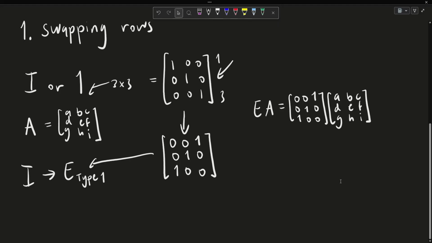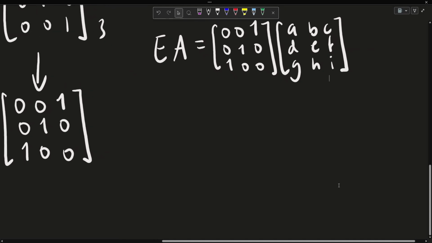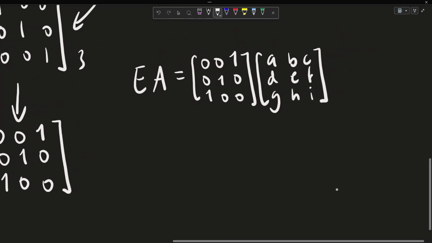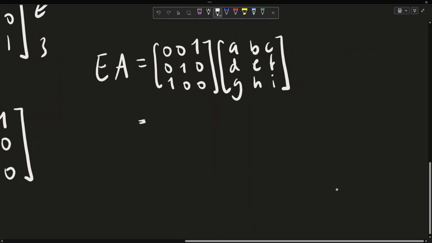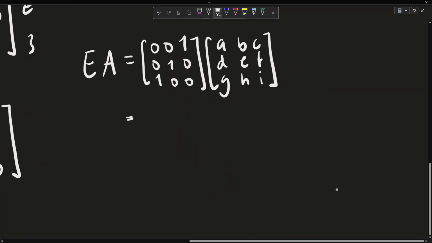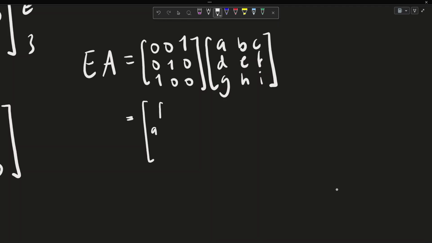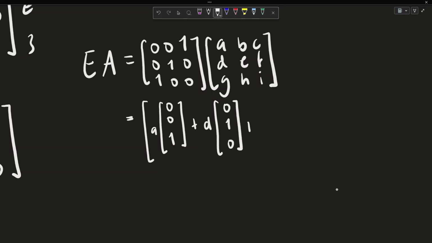So if you remember back to the video about matrix multiplication, here's what we'll get. The first column will be A times the first column, plus D times the second column, plus G times the third column.